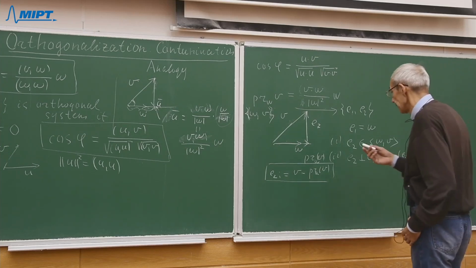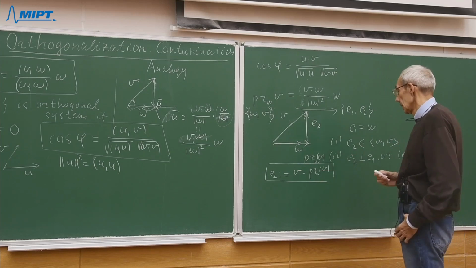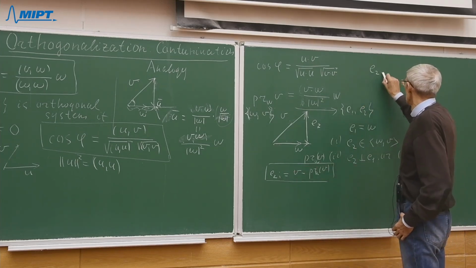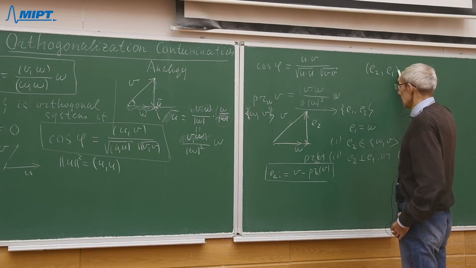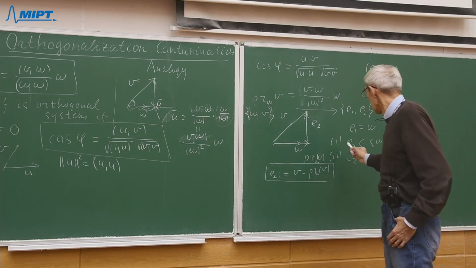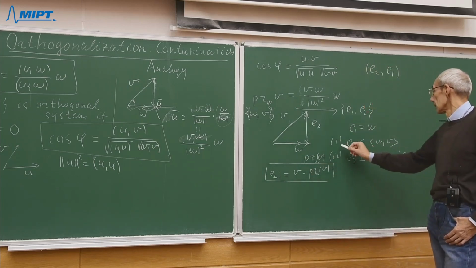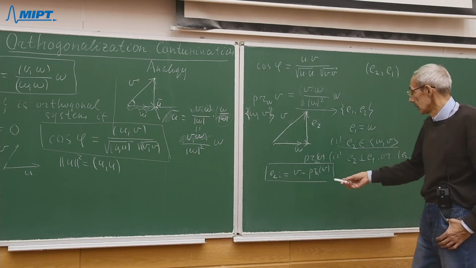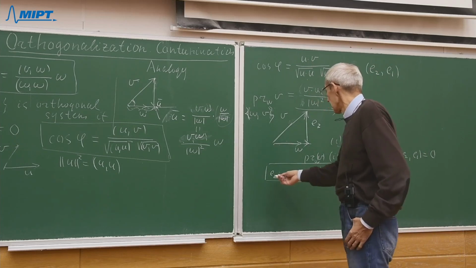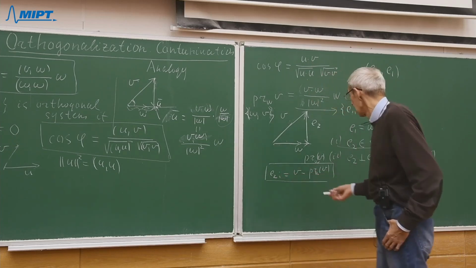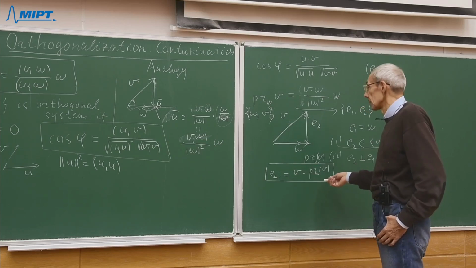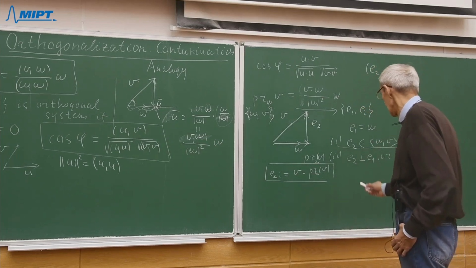Namely, we can calculate the scalar product of the vectors e2 and e1. It is easy to see that the vector e2 satisfies the first condition, because the vector e2 is presented as a linear combination of the vectors v and w.